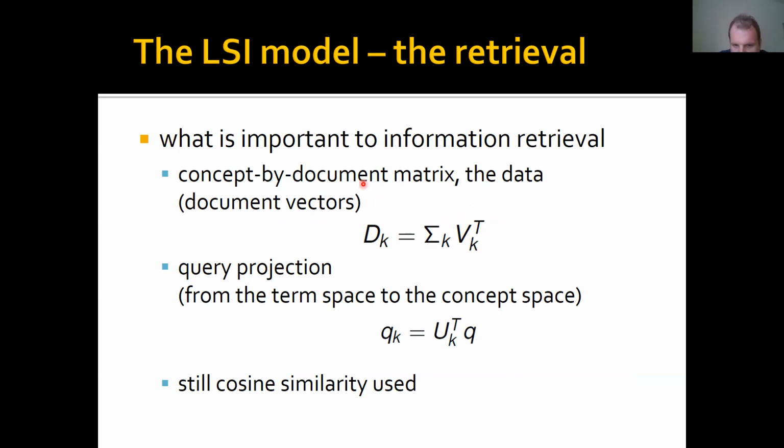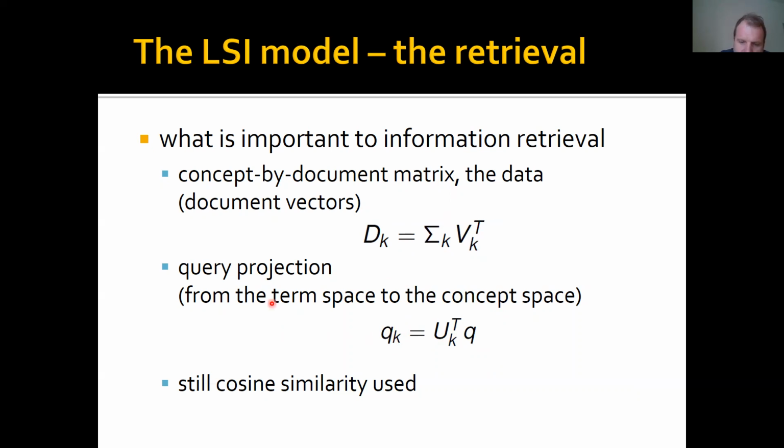So there is a much lower number of concept columns in the matrix than it was. And the second is the matrix U, which is basically the basis matrix, and it's also the projection matrix that we use if we want to project some vector, for example, the old query into a new query. So this query is in the term space. When applied to U, we get the same query, but in the concept space here.